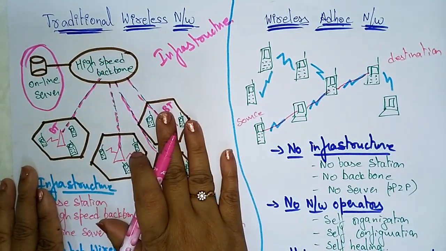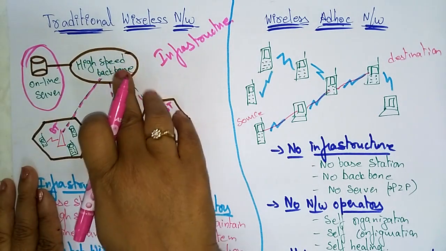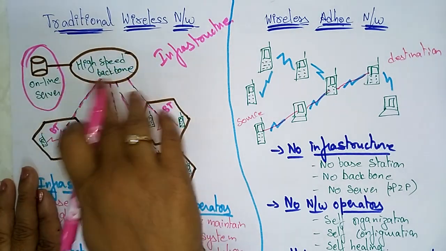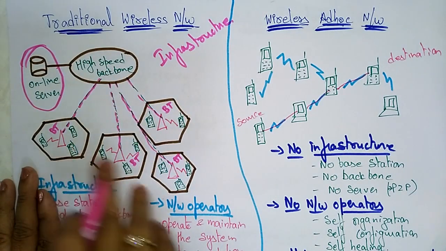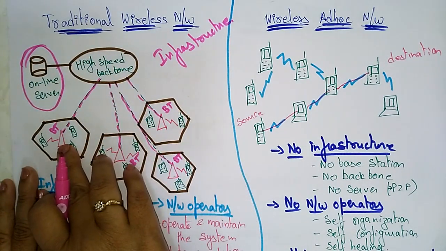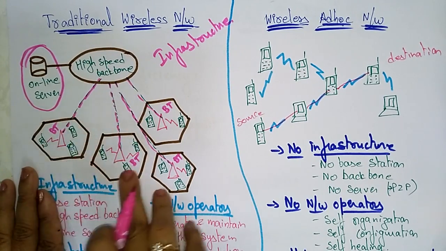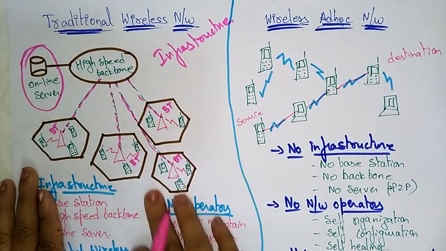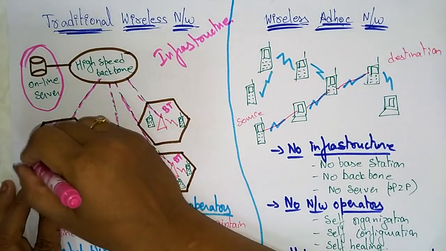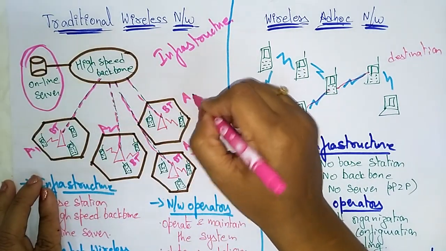So in the traditional wireless network, an online server is required and a high-speed backbone is there. From the online server, the high-speed backbone sends the signals to the different base stations. With the help of the base stations, all the mobiles in that particular area receive the signals. This is area 1, and suppose area 2, area 3, area 4.